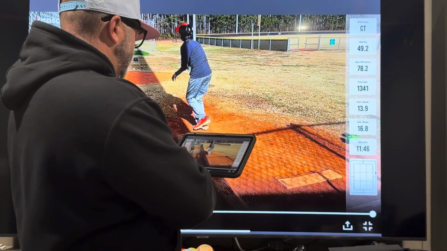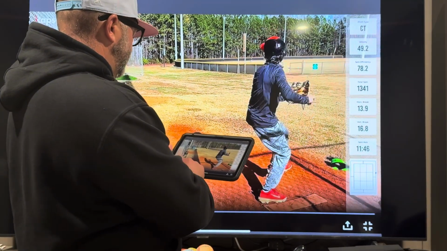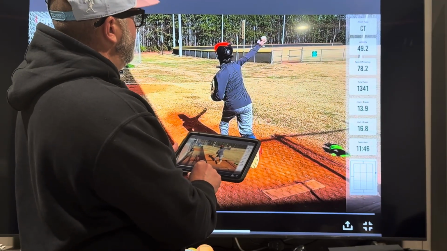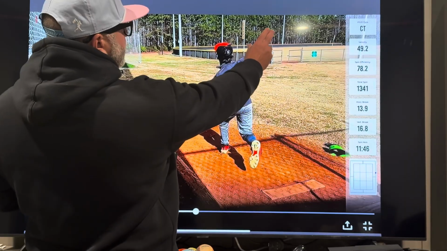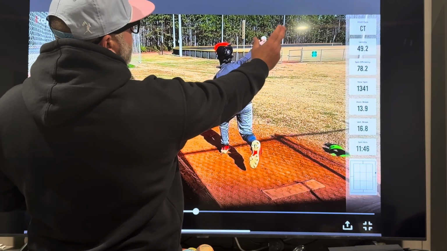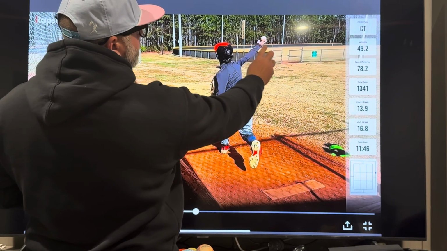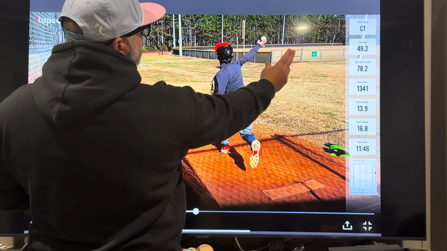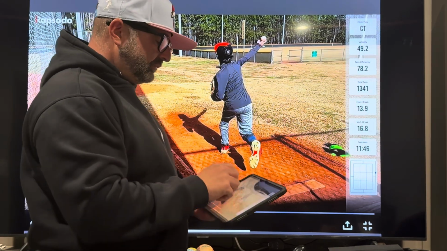Yep, off to the right. Pause it, and right there, you can see the difference. You're out here more and not behind it. You're here, that would have been a fastball. There's your cutter.